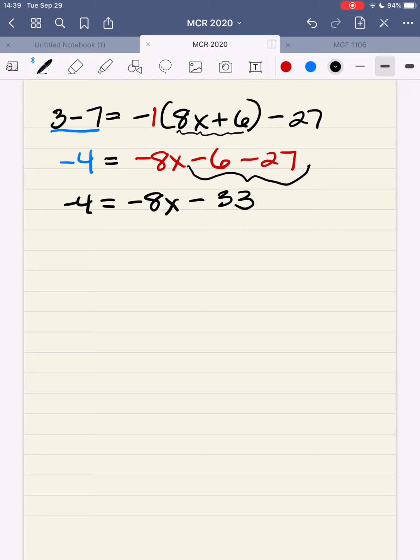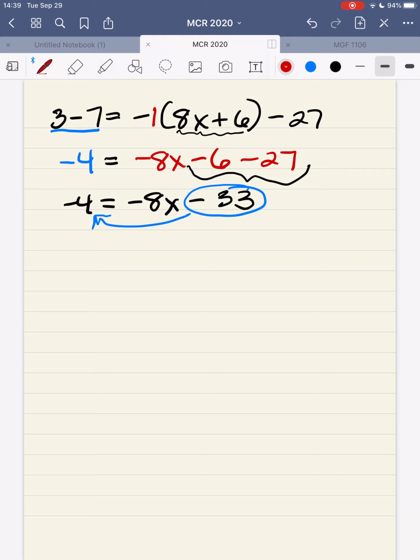All right, now I have everything under control. Only thing I need to do is go ahead and move this -33 across the equal sign to the other side. So all I've been doing is combining like terms, as if that equal sign didn't exist. Now I'm ready to move that -33 over to the other side.